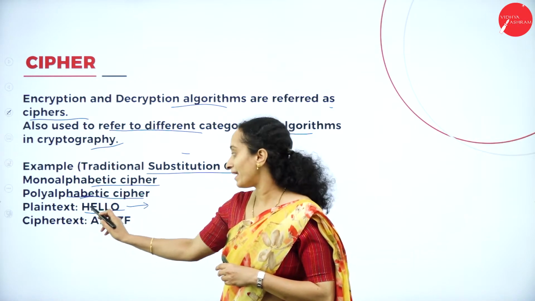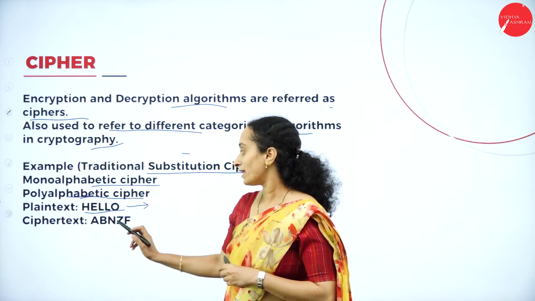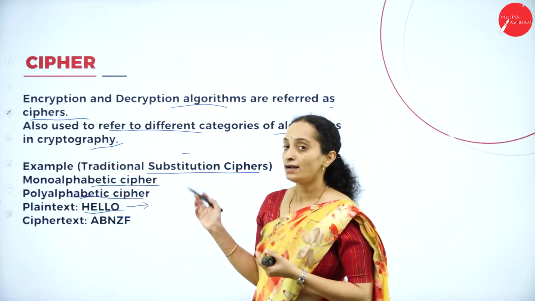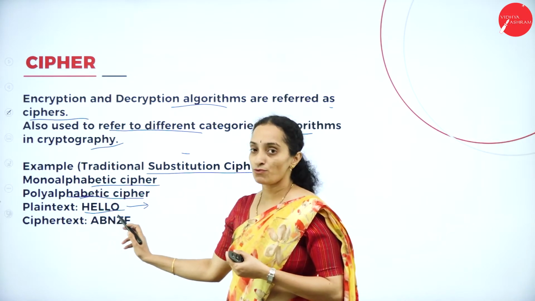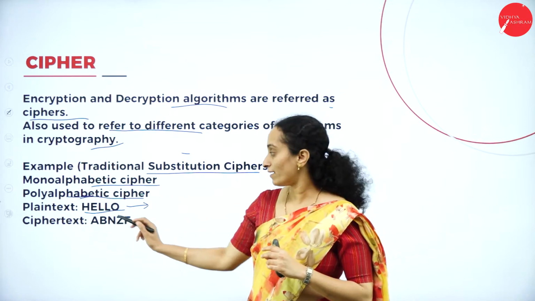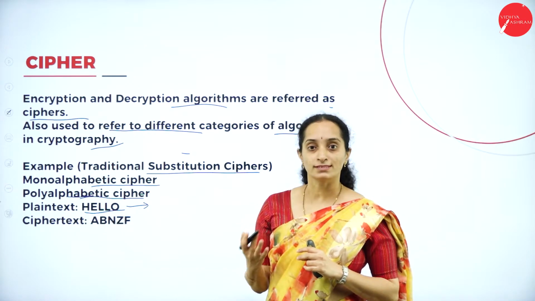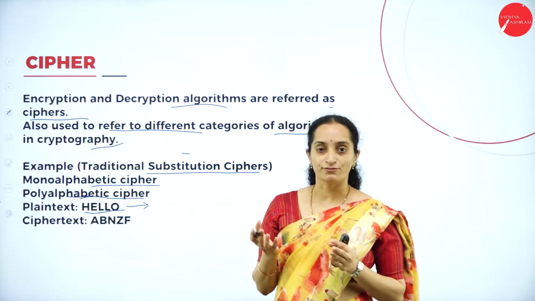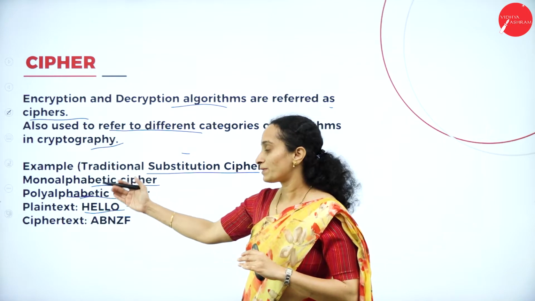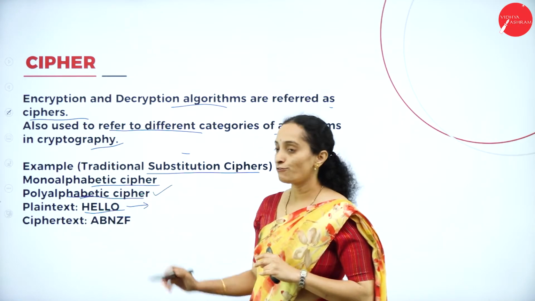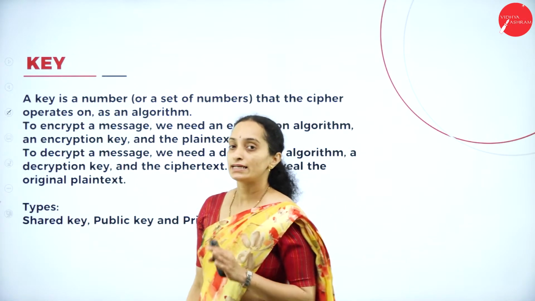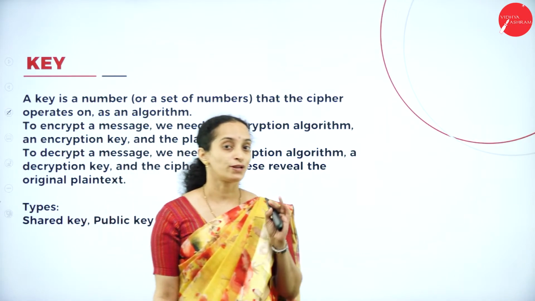H is replaced by A, E is replaced by B, L is replaced by N, whereas another L is replaced by Z. There, both Ls were replaced by O, the third alphabet from L. But here one L is having N, whereas another L is transformed into Z, and O is transformed into F. There is no particular form or formula to convert the plain text to ciphertext in the case of a polyalphabetic cipher.